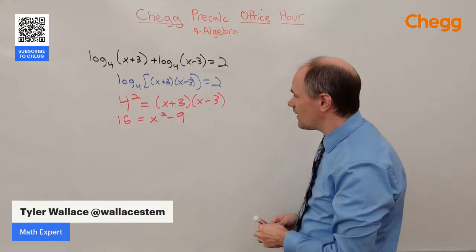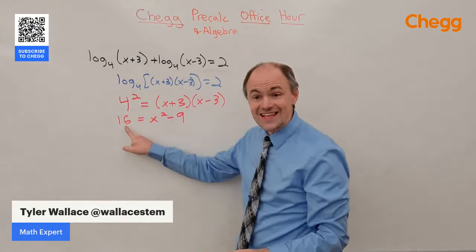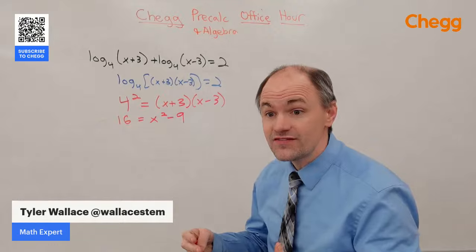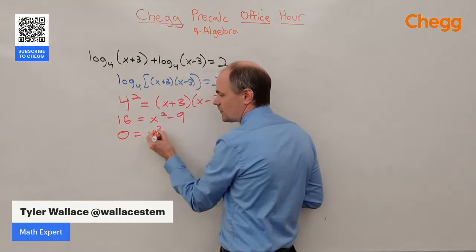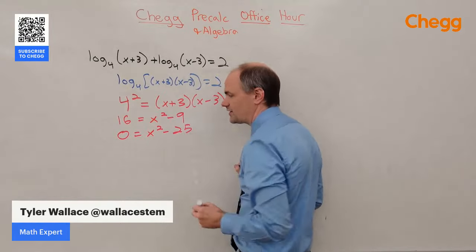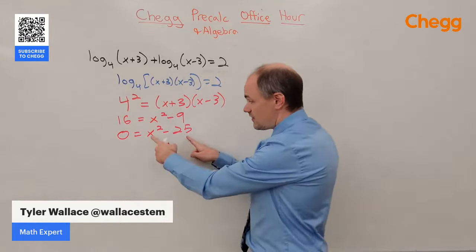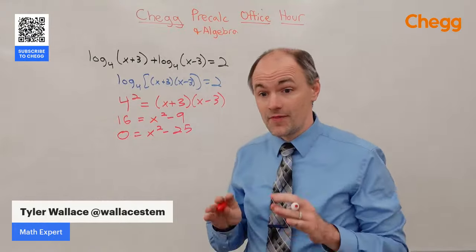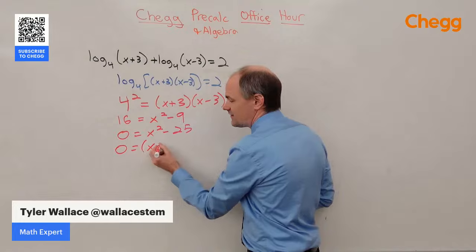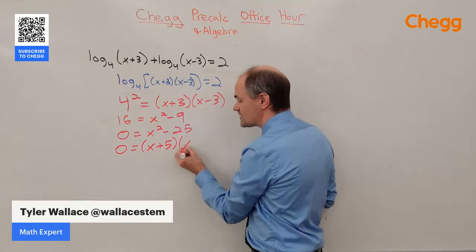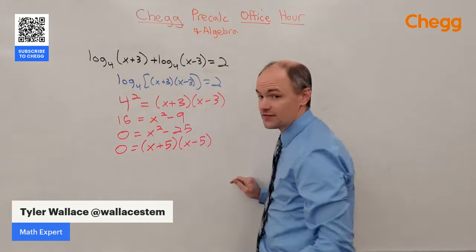And so if we want to get our final solution, we're going to set it equal to 0 so that we can factor and solve the resulting equation. Subtracting 16 from both sides gives me x squared minus 25. This, again, is a difference of squares, but this time with 25 our square root is 5. It's going to factor to x plus 5 times x minus 5.